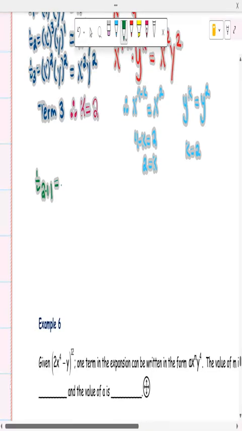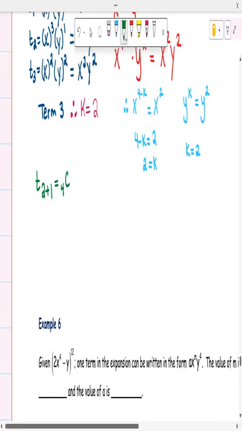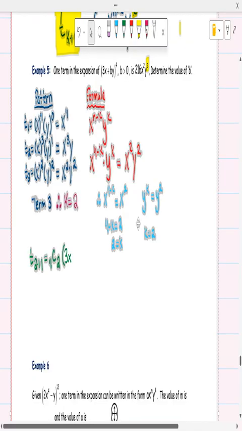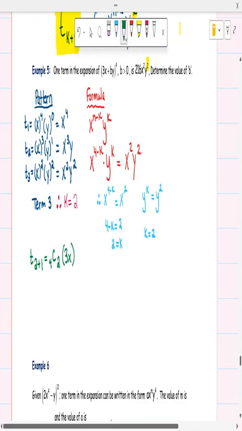So 4 choose 2, x again was 3x. So I'm doing my substitutions, right? And then n again is 4 minus k, which was 2, times my second term, which is b y, all to the exponent of k, which is 2.